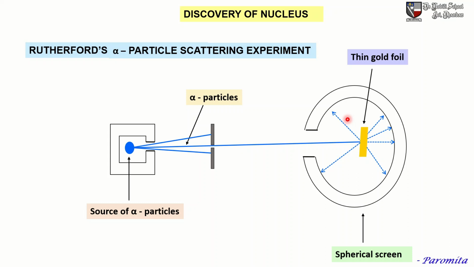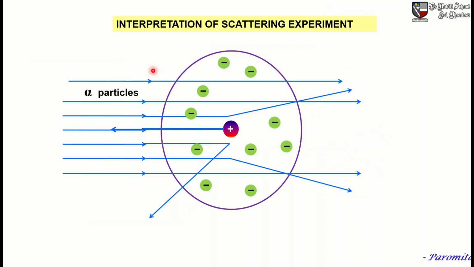He repeated the experiment several times and then made some important observations. From his historical alpha particle scattering experiment, Rutherford made the following observations and conclusions.